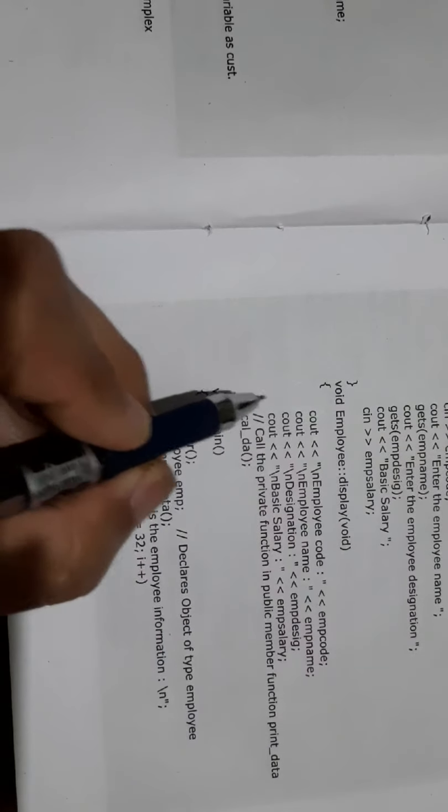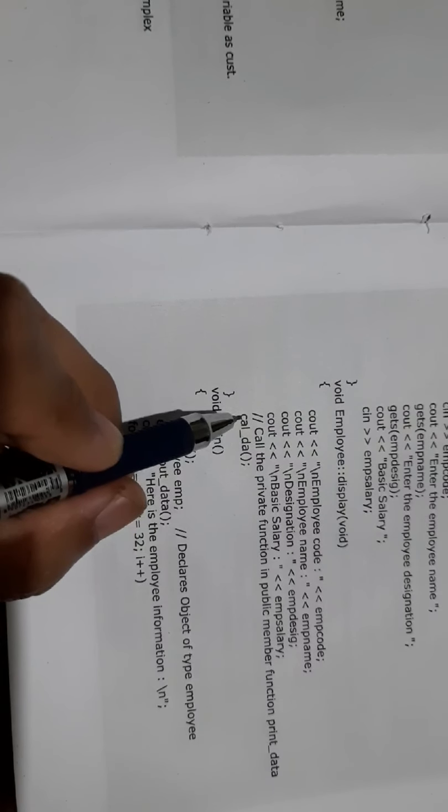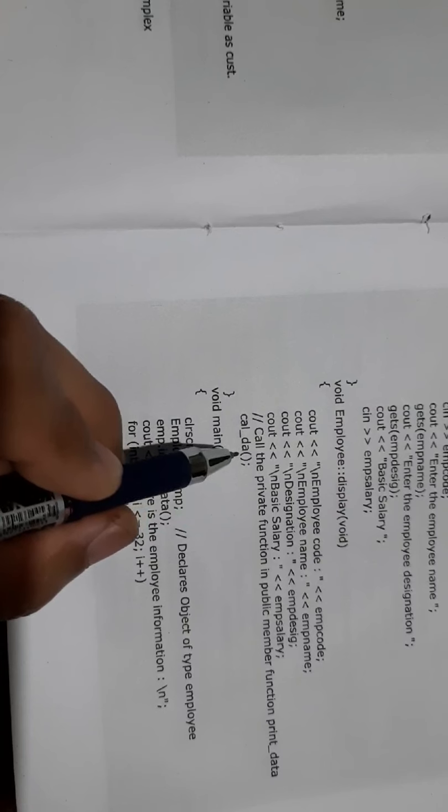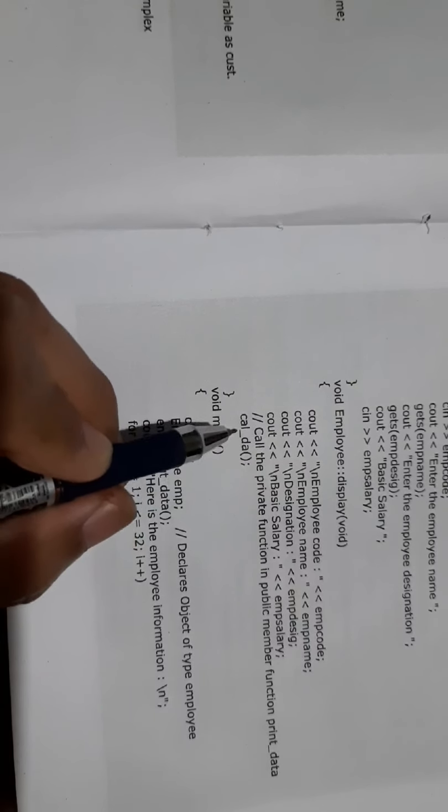in the public member function definition body, at the end, the private member function name is written. Now this private member function name is written, and within the parenthesis it's blank. So this is your calling function. Call the private function in public member function print data.